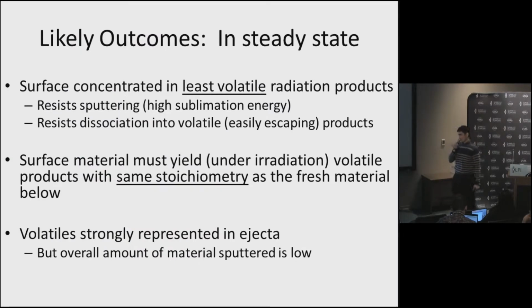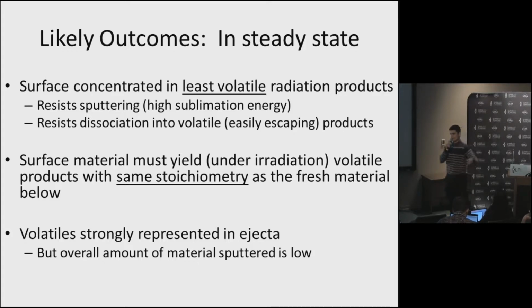The surface will get concentrated in low volatility radiation products that will have a high sublimation energy, so they will tend to resist sputtering. We saw that in the previous plot with the sputtering of methane, that the sputtering yields start very high but then drop drastically. Now, that again depends on your ability to form those non-volatile products.